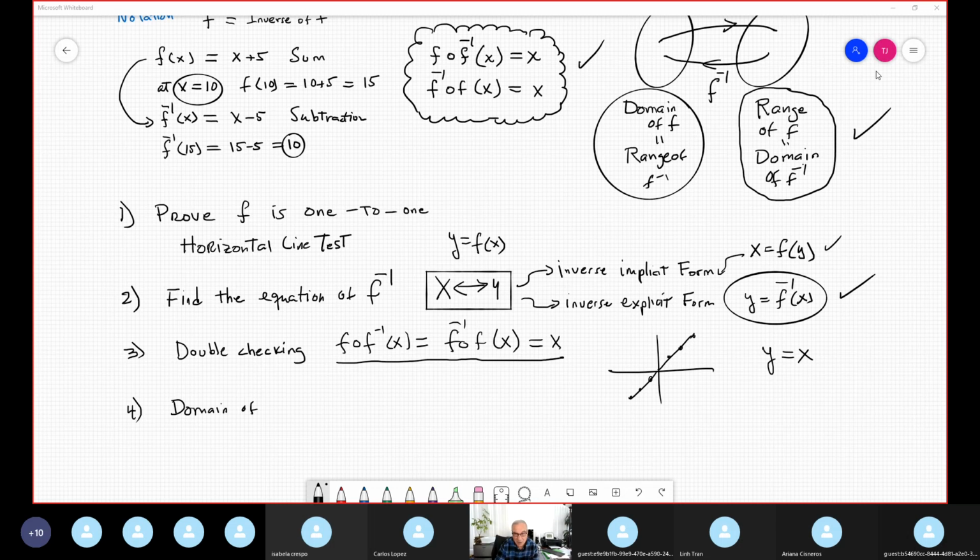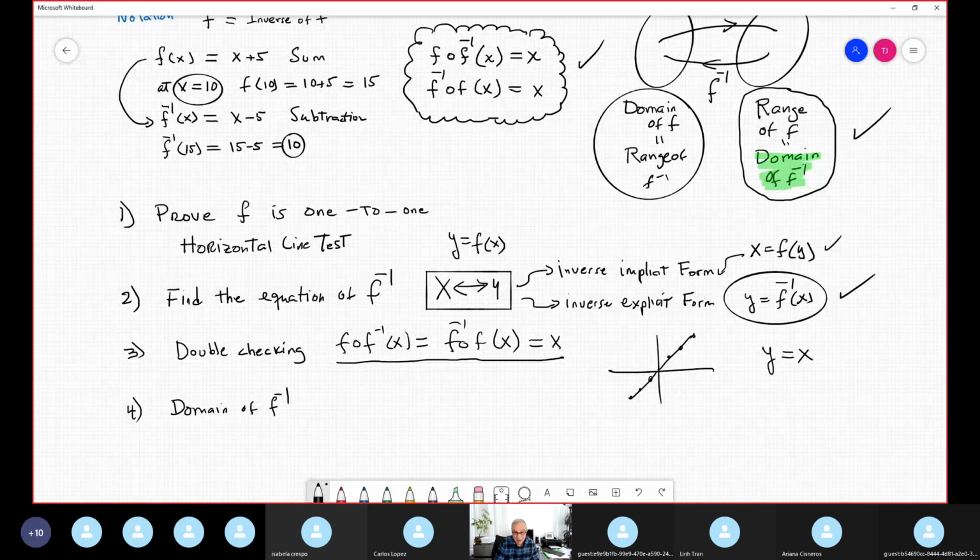The range is always complicated. Sometimes it's easy in easy examples, but in general it's complicated. So the domain is easy or relatively easy. Investigate the domain of the inverse, and you infer the range of the original.